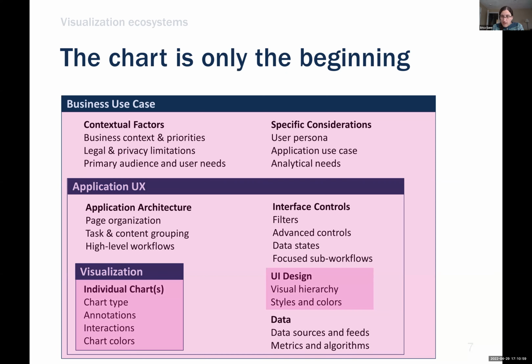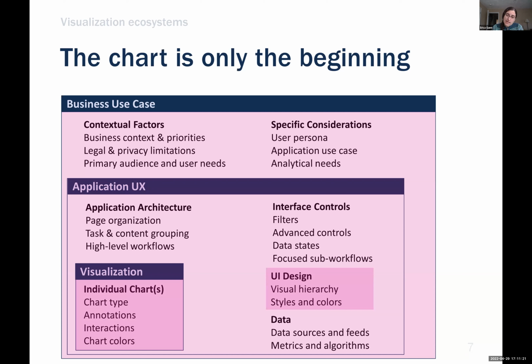There are all kinds of questions about the business context and the priorities, what we're trying to do. There are legal and privacy limitations when we're dealing with health data. We need to be able to protect the privacy of both our patients and our clients at all times. Thinking about what the user really needs to do and what personas are engaging with the app.